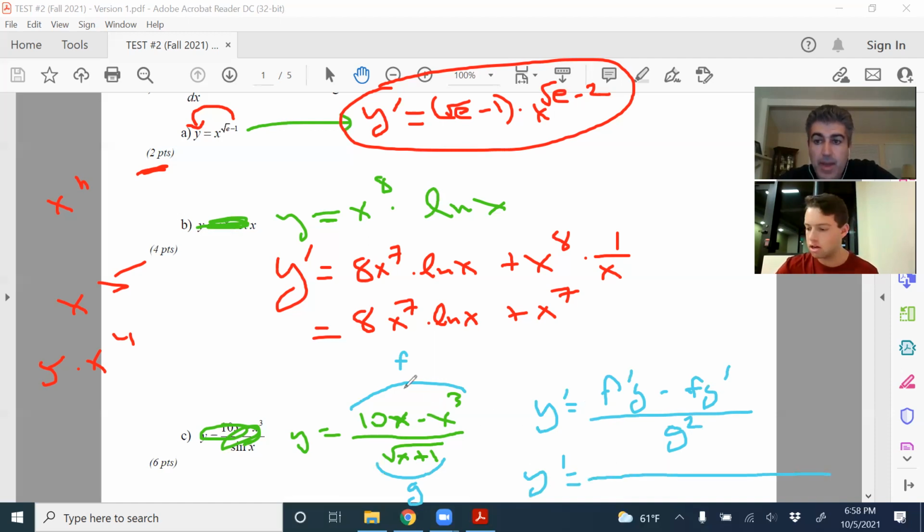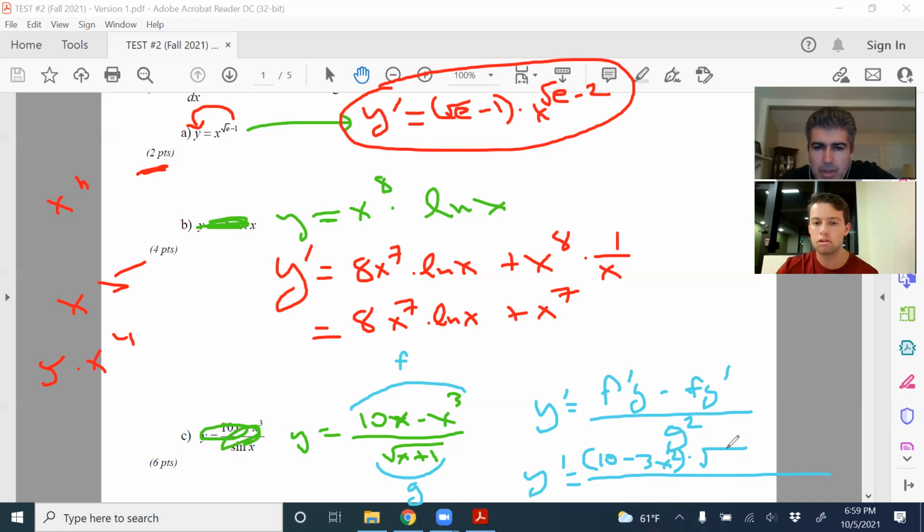Yeah. So you get f, which is 10x minus x to the third. G prime would be in parentheses x plus 1 and then outside of parentheses minus 1? Hold on.